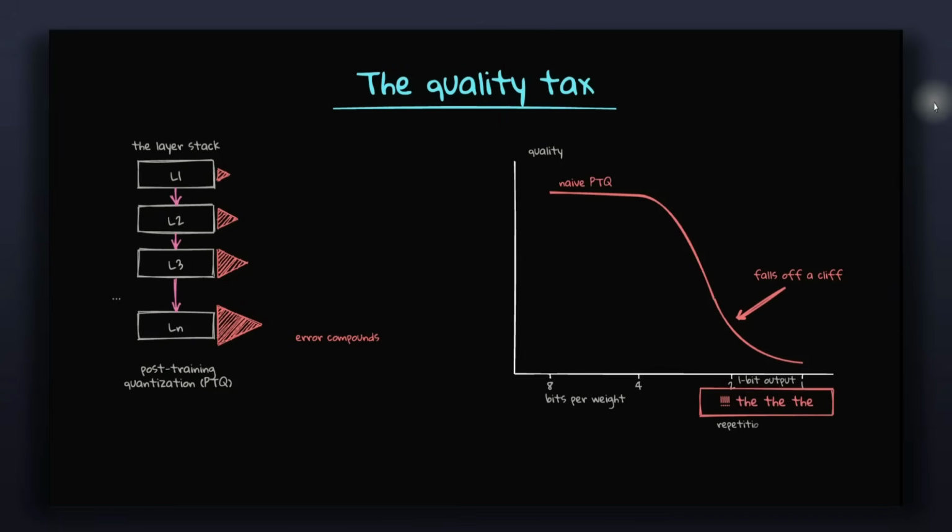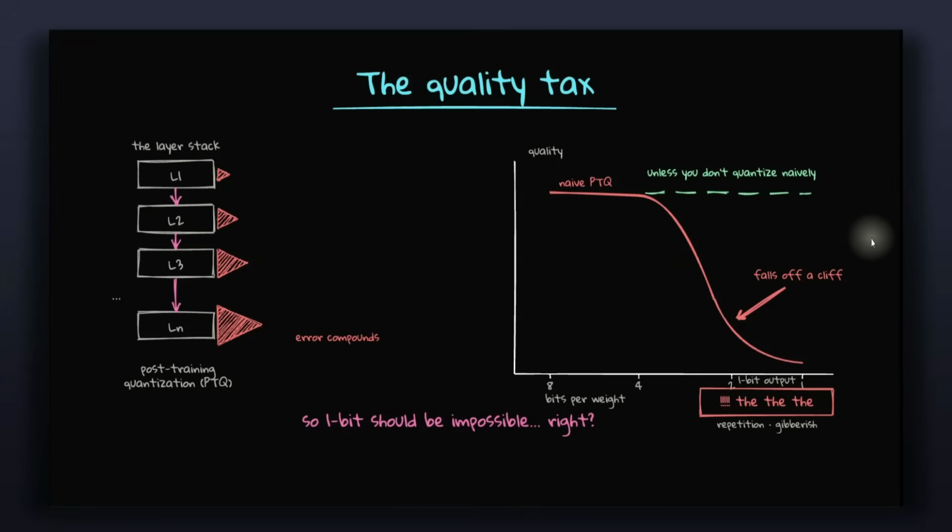At 2 or 1 bit, the grid gets so coarse that the learned structure completely collapses. As a result, for highly quantized models, you see a lot of repetition, gibberish, a stream of exclamation marks, and things like that. Now, by that logic, a genuinely useful 1-bit model should be flat out impossible, right? In theory, if you simply do naive quantization, that is exactly what you're going to get.